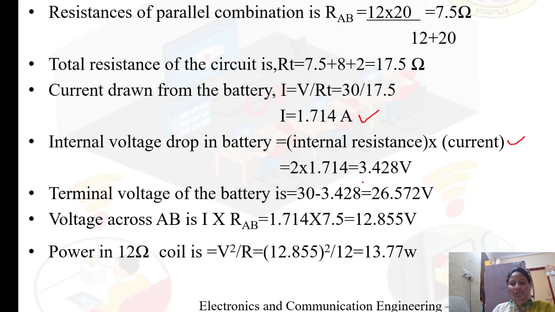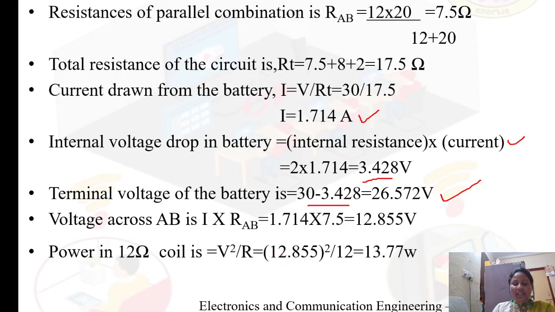So by substituting I, we can find the internal voltage drop due to 2 ohm resistance as 3.428 volts. Now the terminal voltage will be calculated by subtracting this voltage from the voltage of battery, which is 30. So here we get the terminal voltage of the battery as 26.57 volts.